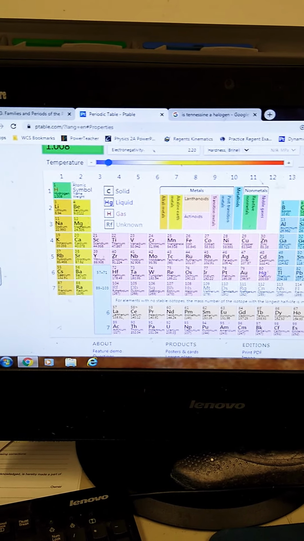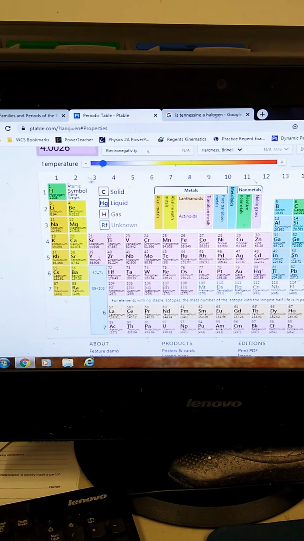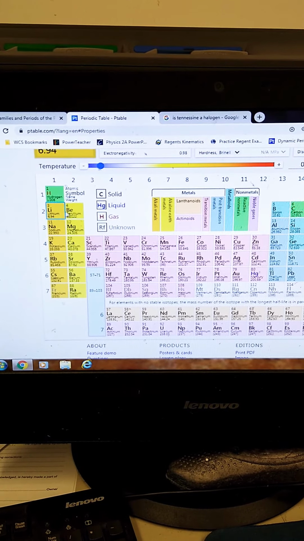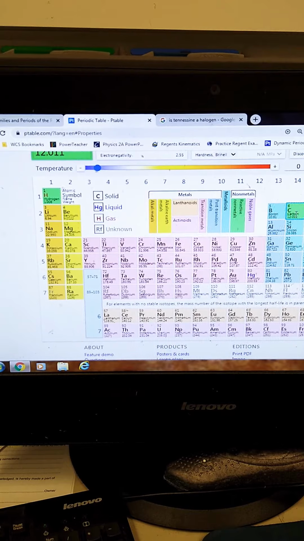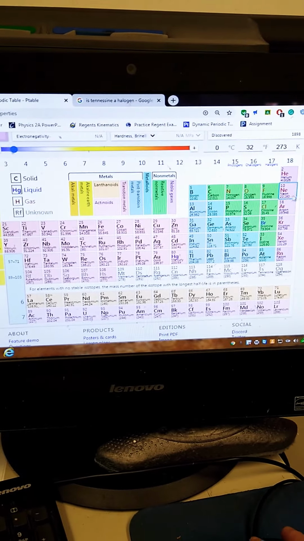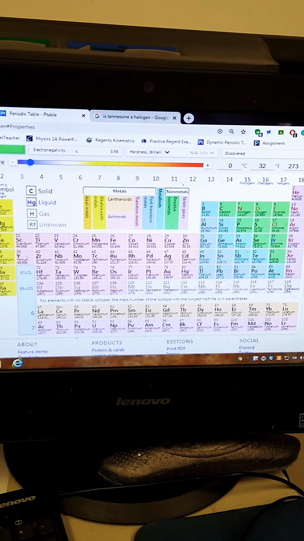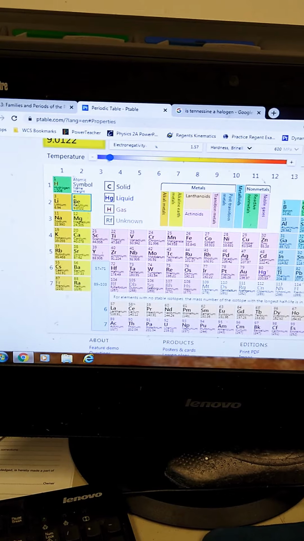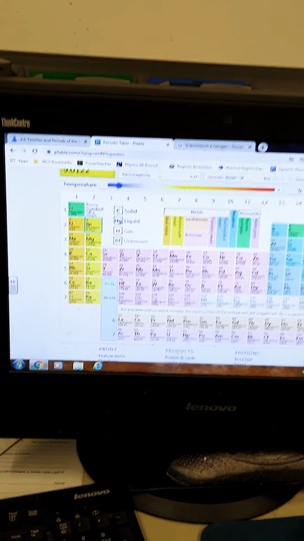So only hydrogen and helium have 1 shell. Lithium has 2 shells, as does beryllium, boron, carbon, nitrogen, oxygen, fluorine, and neon, and so on. Now, it's also numbered 1, 2, 3, 4, and so on, and that's just the atomic number.